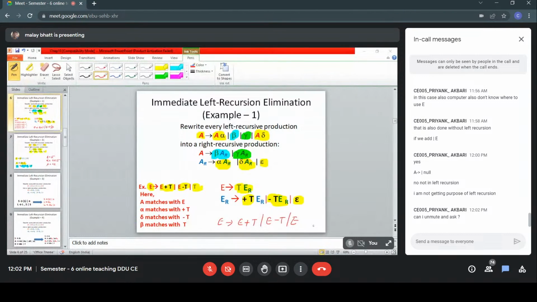Okay, let me show you what problem you are facing. First, when you take this E, now when I write TER, it is clear because it is the leftmost non-terminal. Now for T, whatever rules we have, we'll apply those rules again here. Now when ER comes, I can take plus TER.